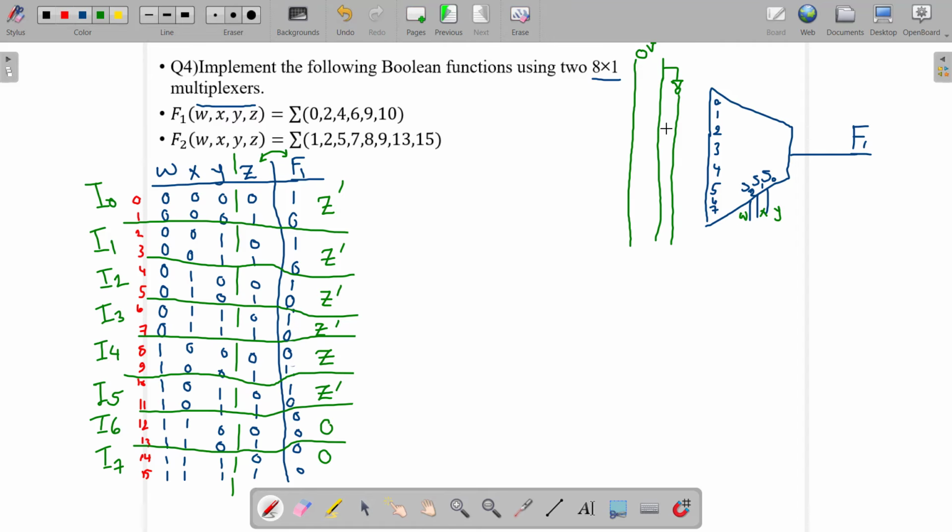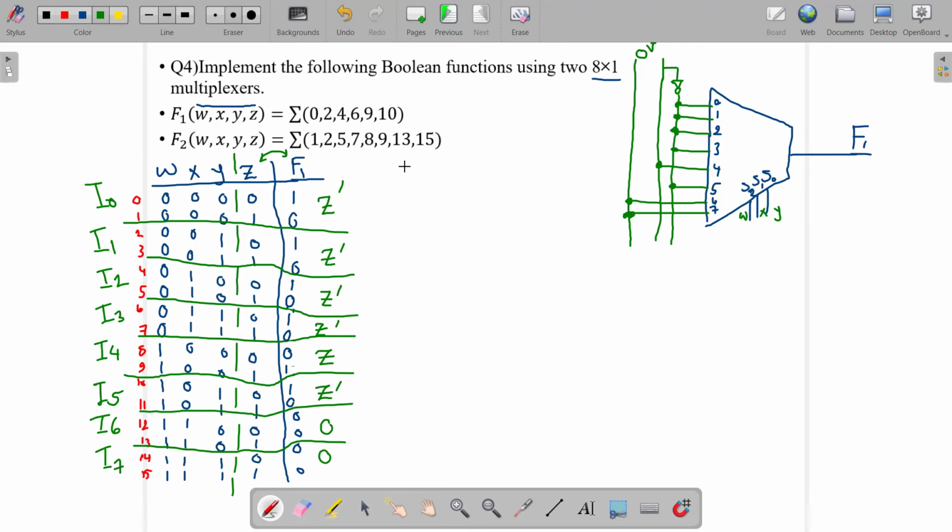Now I0 is Z prime, I1 is Z prime, I2 is Z prime, I3 is Z prime, I4 is Z, I5 is Z prime, I6 and I7 are 0, which is connected to the ground.